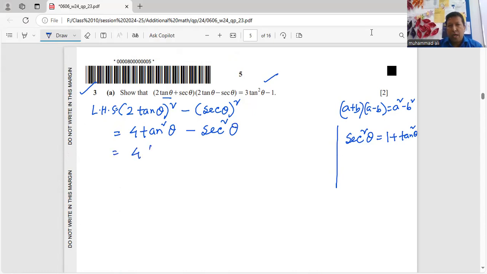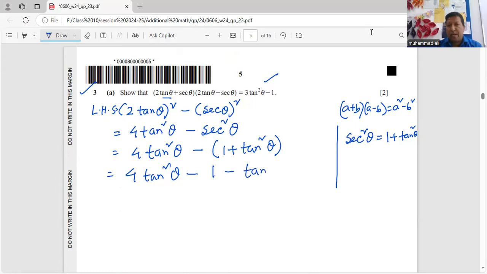So 4 tan squared theta minus 1 minus tan squared theta. Now if we subtract from 4 tan squared theta, it will be 3 tan squared theta minus 1.